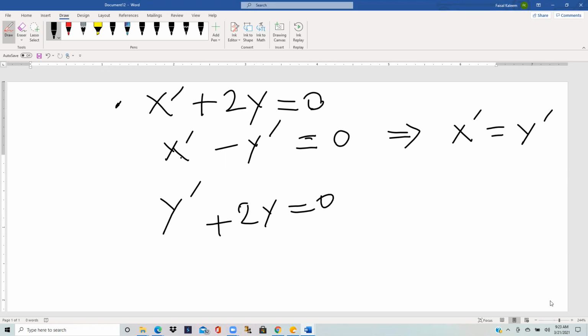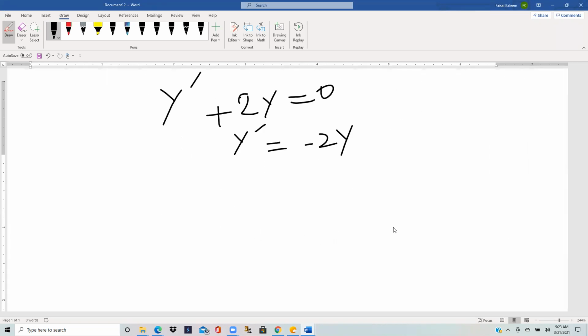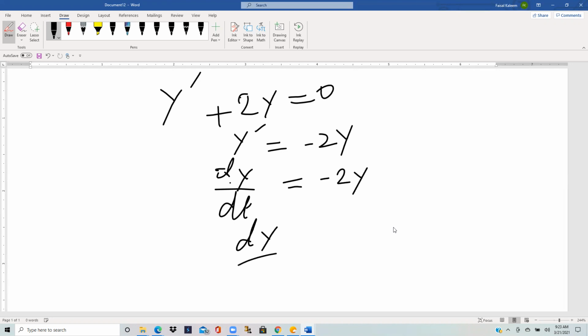And this can be done by separation. So y prime is equal to negative 2y. So remember, y prime was dy by dt. So dy by dt is equal to negative 2y. And then in separation of variables, you would do dy over y is equal to negative 2 dt.